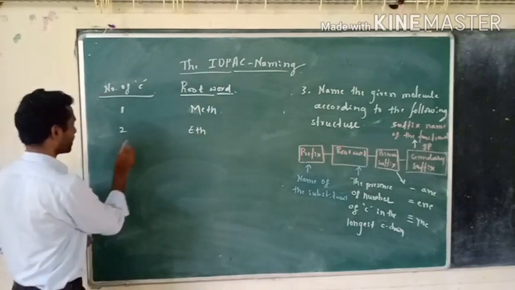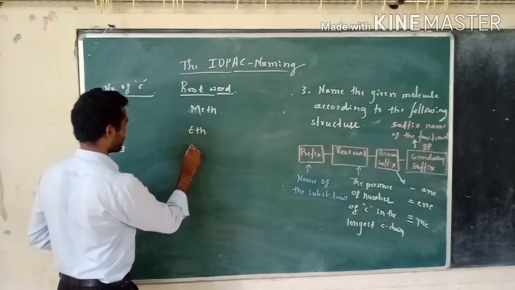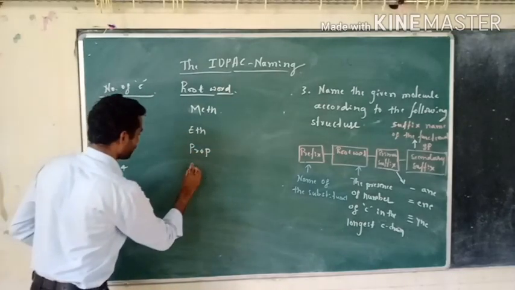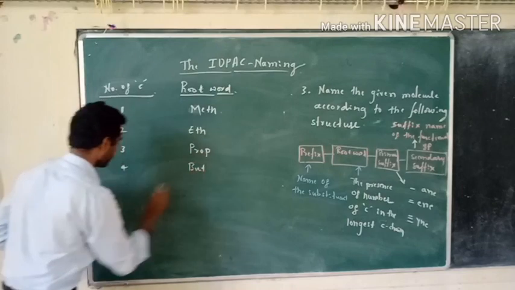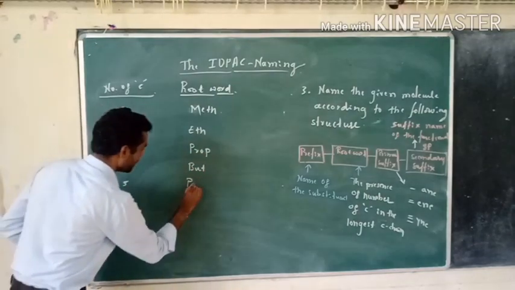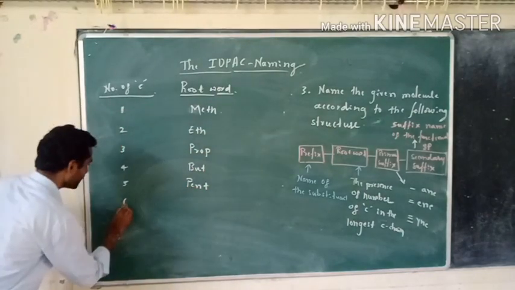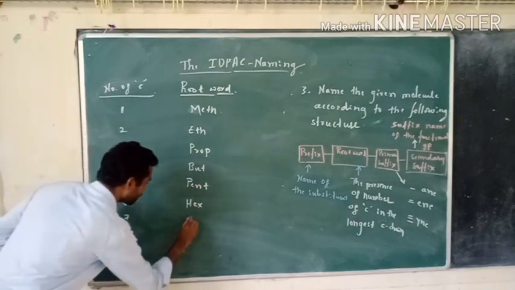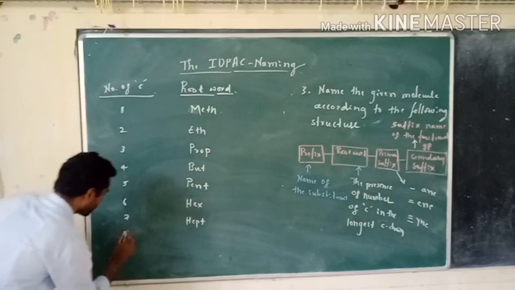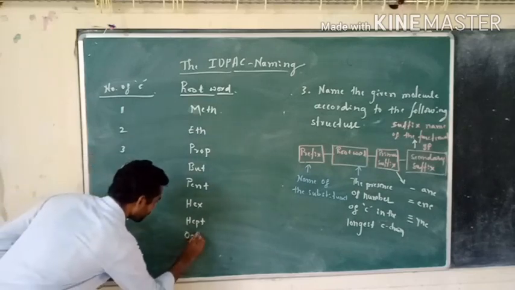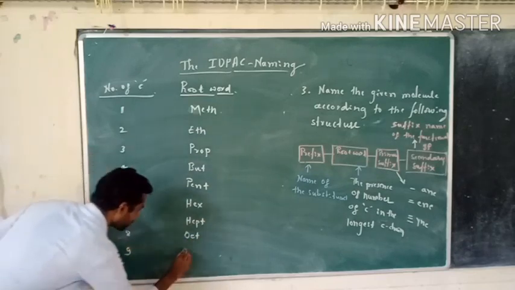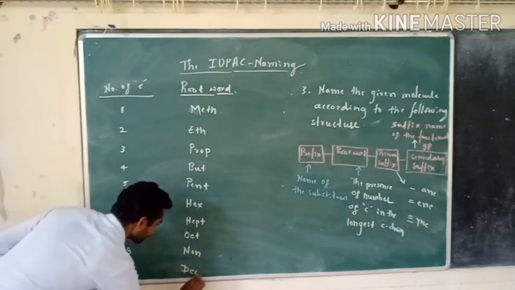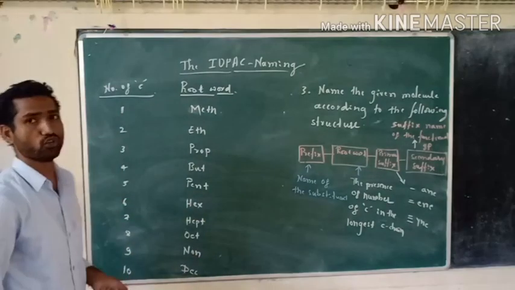Three carbons, propane. 4 carbons, butane. 5 carbons, pentane. 6 carbons, hexane. 7 carbons, heptane. 8 carbons, octane. 9 carbons, non. 10 carbons, dec. So these root words we have to use.